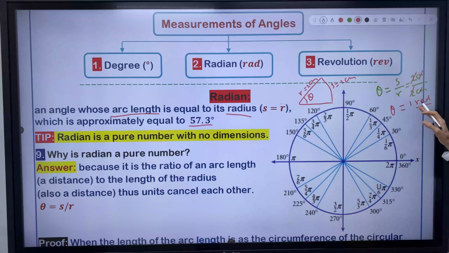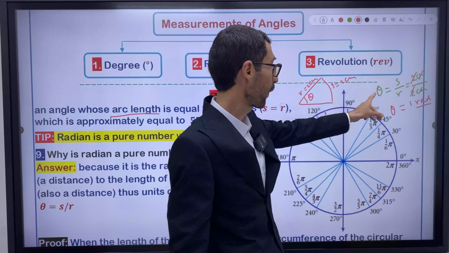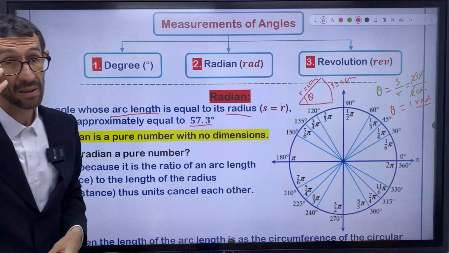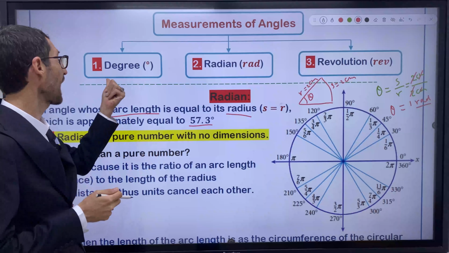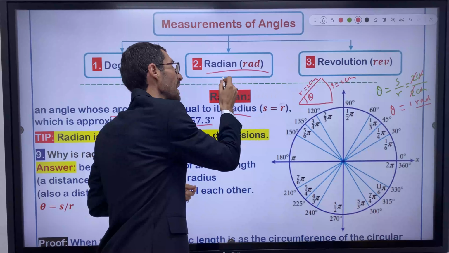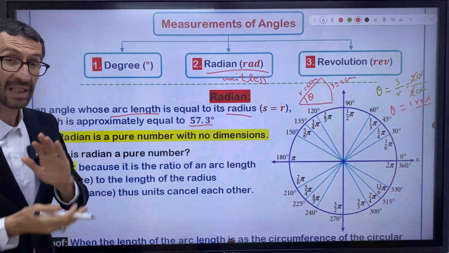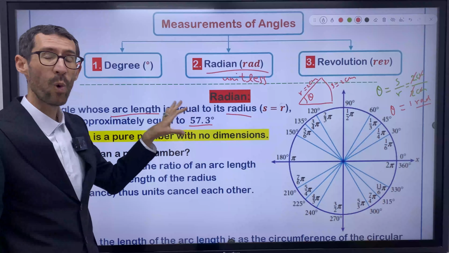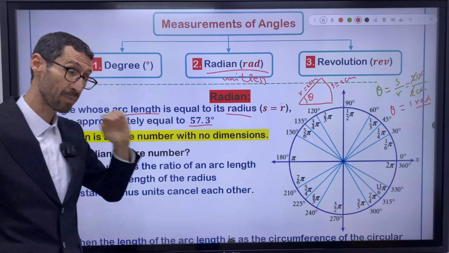We use rad when we use this equation for finding angle, theta is equal to S over R. We write rad after the number. So I can say the unit of angle of rotation is rad, and rad itself is unitless, a pure number. What does it mean, pure number? It has no dimension. It doesn't have any unit. And approximately I can say 1 rad is equal to 57.3 degrees. Memorize this number.